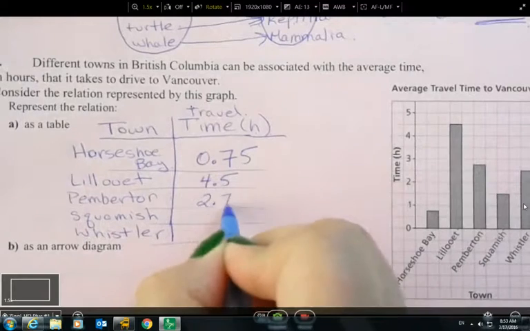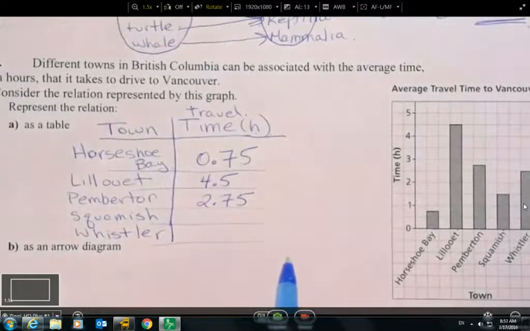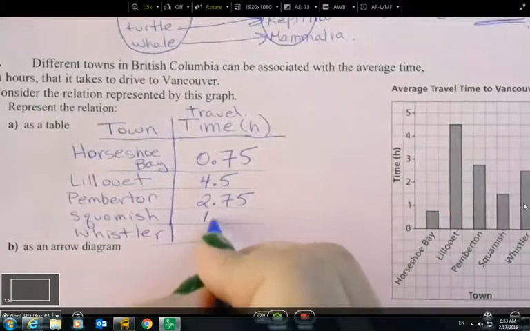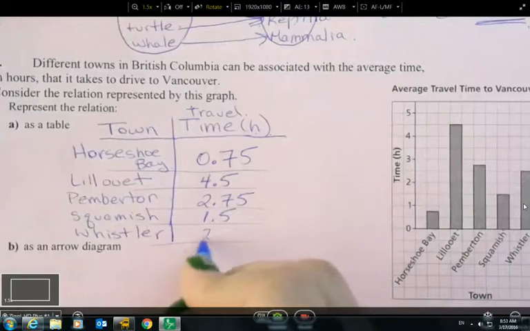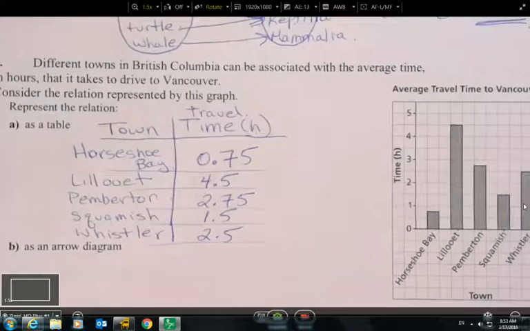Then Pemberton, we said 2 hours and 45 minutes, which is the same as 2.75 hours. And Squamish was 1.5 hours, and Whistler was 2.5. Sound good? Yeah? Okay.